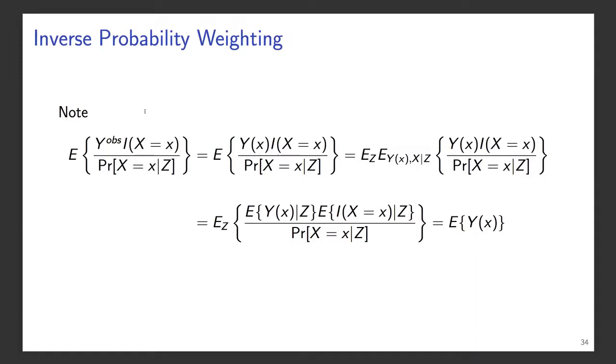And in the interest of time, I won't go through this slide carefully, but basically what this slide shows is that you can write the counterfactual mean, the expected value of Y_x, in terms of the first expression here on the slide, which is the expected value of Y obs amongst those who get little x divided by the probability X equals little x given Z. So for little x equals 1, we're just taking the observed outcomes in the treated folks and dividing it by their propensity score.